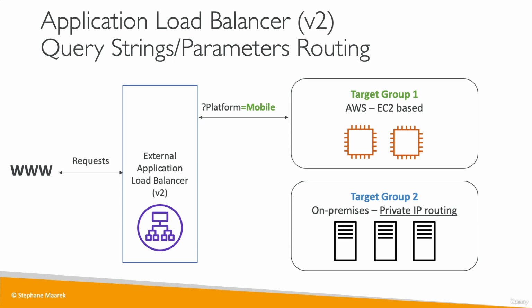So if in the URL that the clients are trying to use there is ?platform=mobile, we can write a rule in the ALB routing rules to redirect to the first target group. And if you have ?platform=desktop, so this is a query string or a parameter, then we can say to redirect to target group number 2. I don't know why you would do this, but this is just an example I'm providing you, okay?